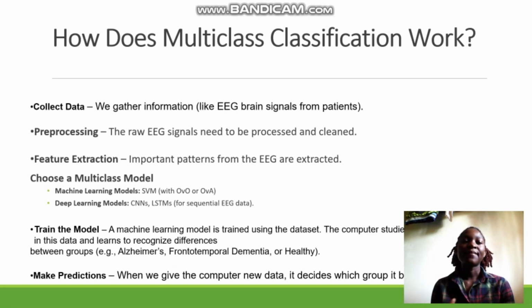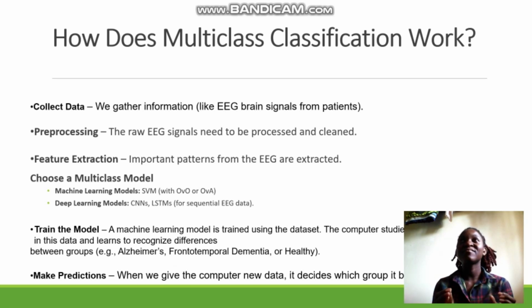So after you have extracted out the most important features from the dataset you're using, you want to choose which multi-class model to use. You can either go for the machine learning models like the support vector machine, or a deep learning model, depending on the data and depending on the classes you have.